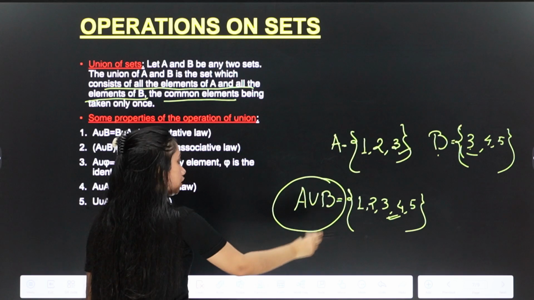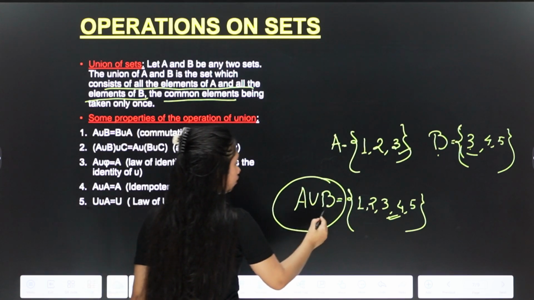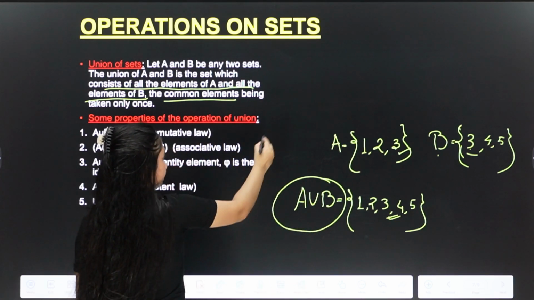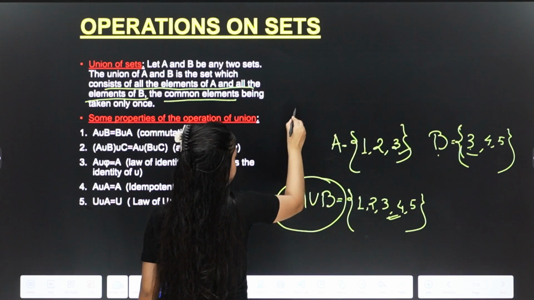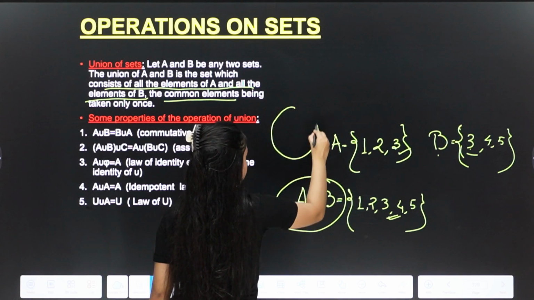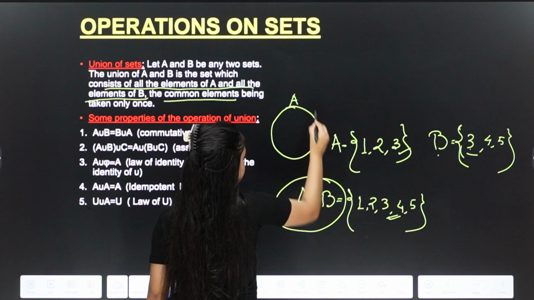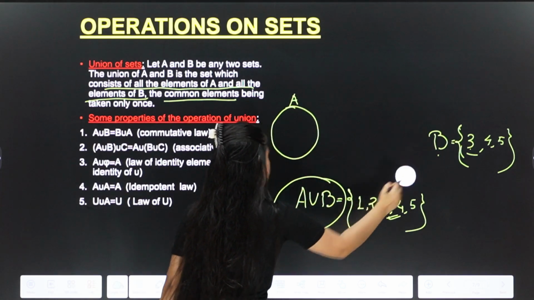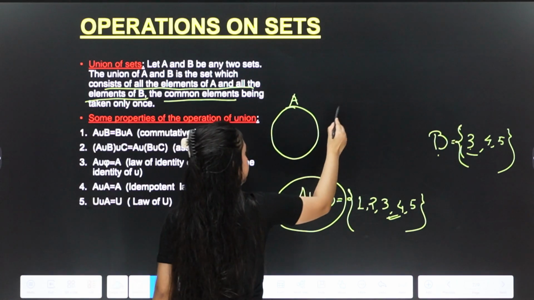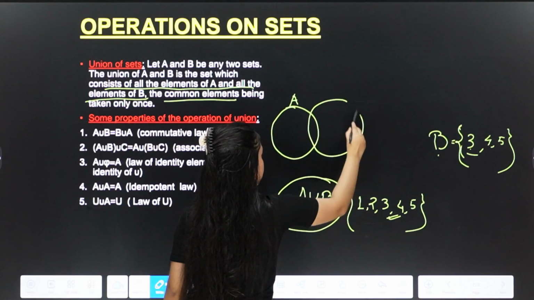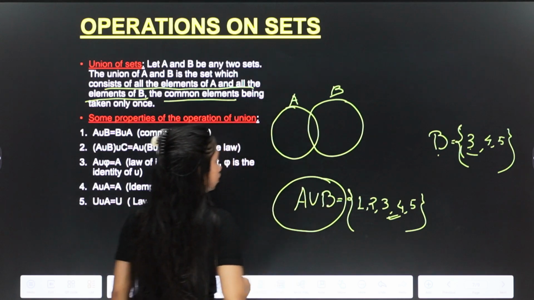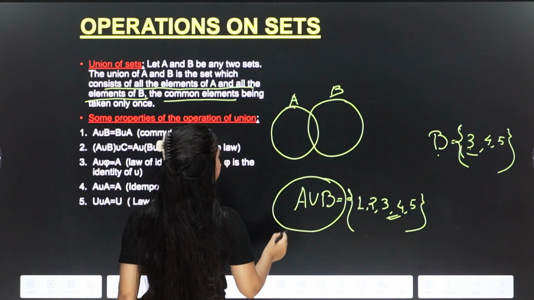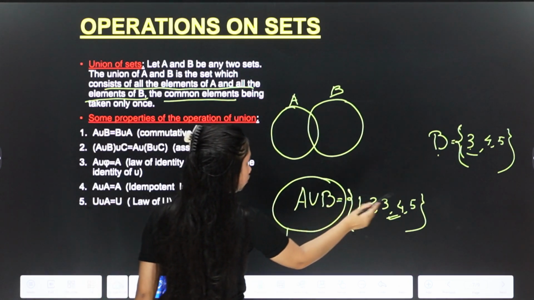And if we want to draw the Venn diagram of A union B, then we will write, for example, it is A. For example, it is B. Here, A consists of 1, 2, 3.